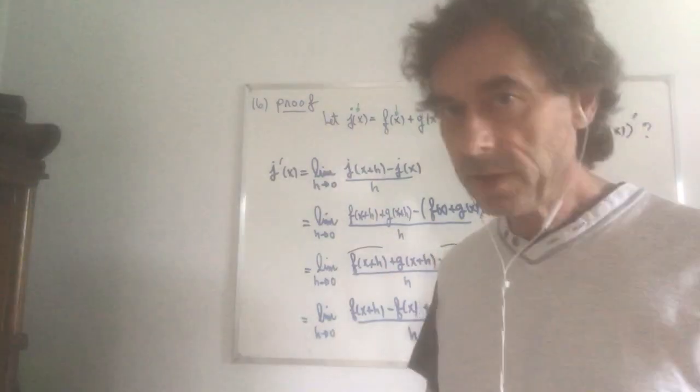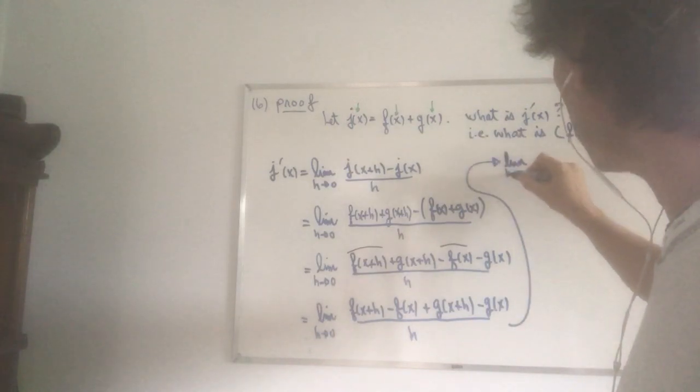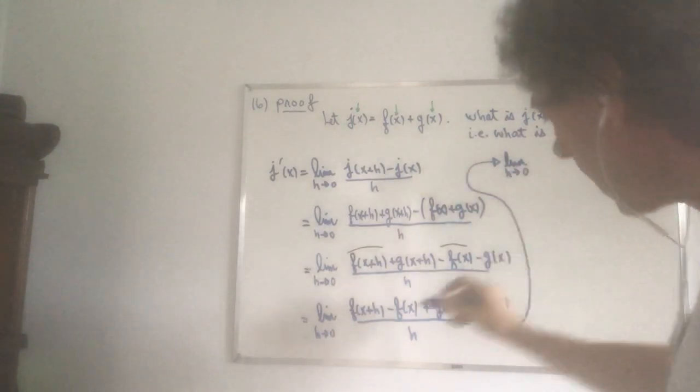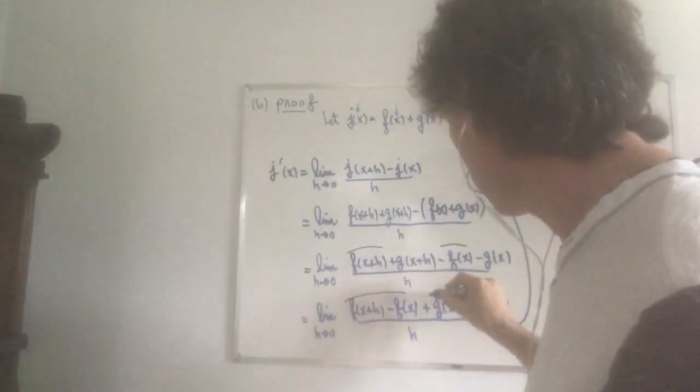Now, I want to come up with a little algebraic thingy. It is known as breaking a common denominator. See, everything here is on h. So I want to put that on h and put that on h. Just let me show you.